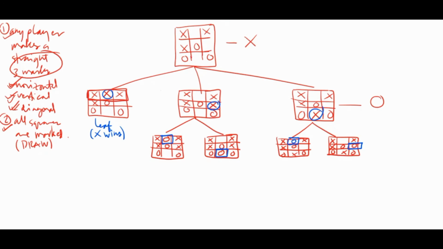So on this level now, it is the turn for X to make the next move. And if we're going to check the next game states on this level for X, is this already a leaf node? This is not yet a leaf node because no player has made a straight 3 marks yet, and there is still one vacant square in here. So we will still be continuing the game, and this time it is player X that will place the mark on the vacant square.